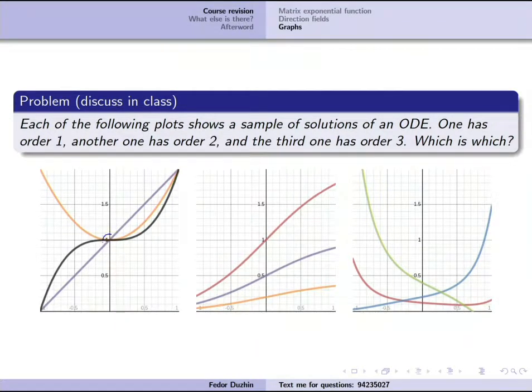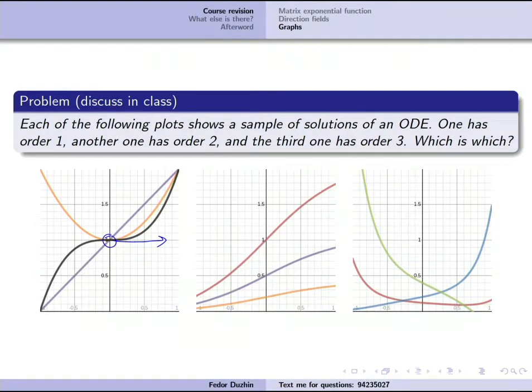If you look at the first plot, then here two different solutions touch each other. So the tangent line here to two of them is exactly horizontal, which means they share the same value and the value of the first derivative. And this would be inconsistent with order 1 or order 2 because it would contradict the existence and uniqueness of solutions.